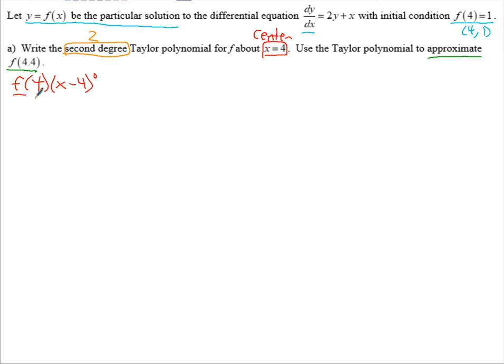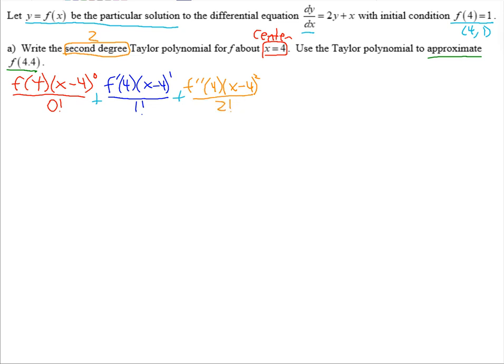And then plus the first derivative, f prime of 4, x minus 4 to the first over 1 factorial, plus the second derivative of 4, x minus 4 squared over 2 factorial. So we stop right there because second degree refers to the highest exponent of the x being 2.